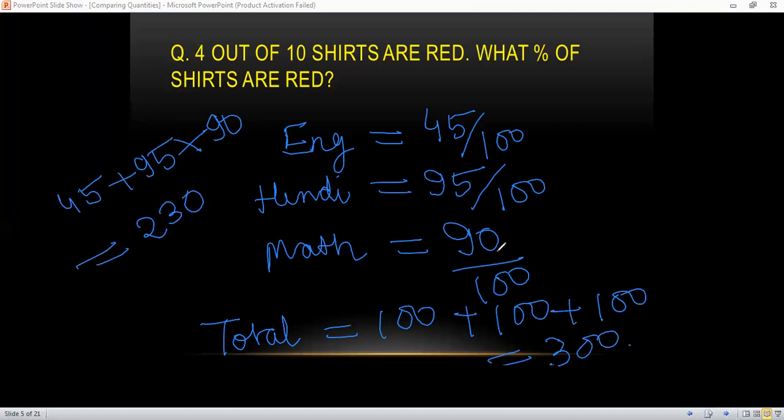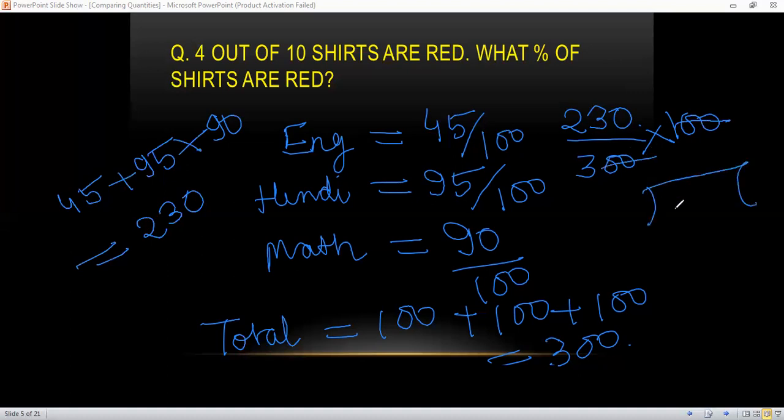Now if I ask you what is the percent, what are you going to do? You will multiply this value that is in fraction with 100.